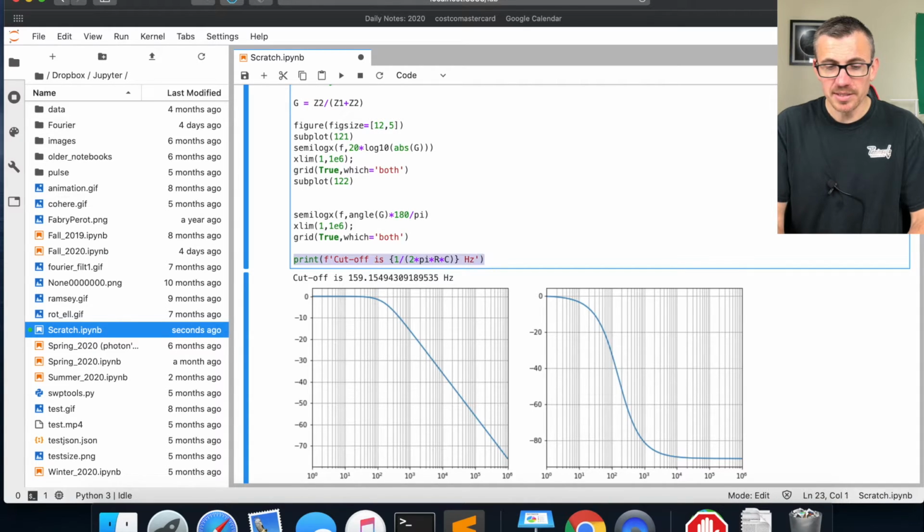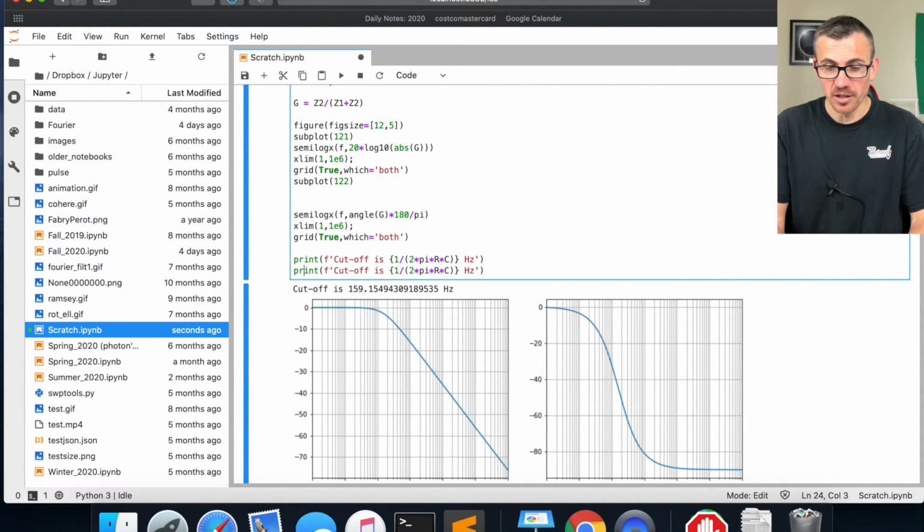By the way, what is the decibel version of my cutoff frequency? Let's find out. So in dB, it's 20 times log 10 of 1 over the square root of 2.